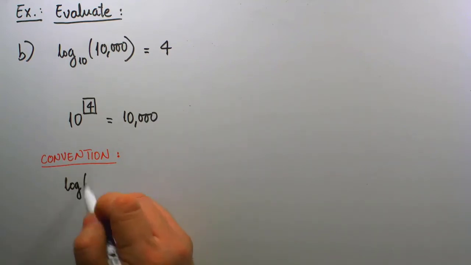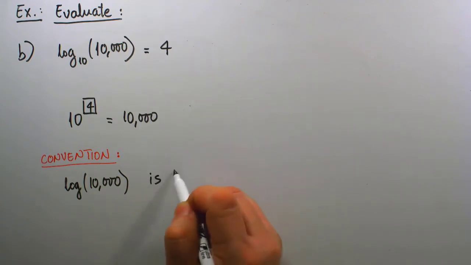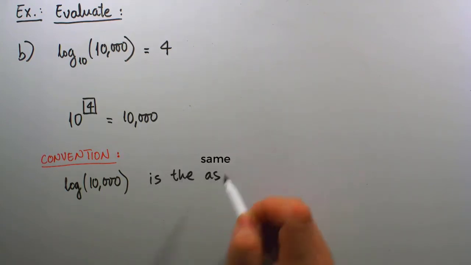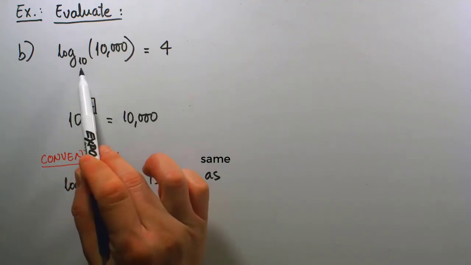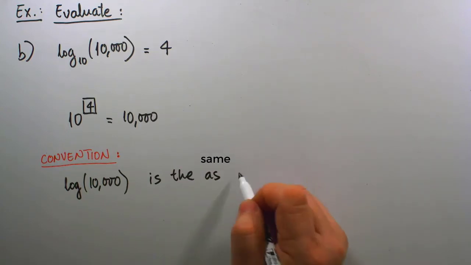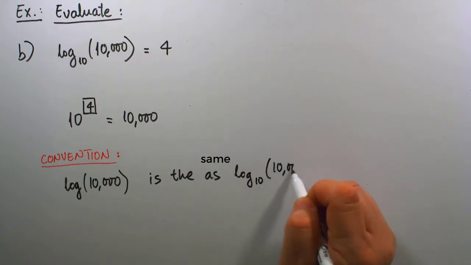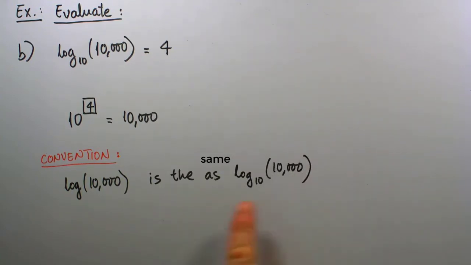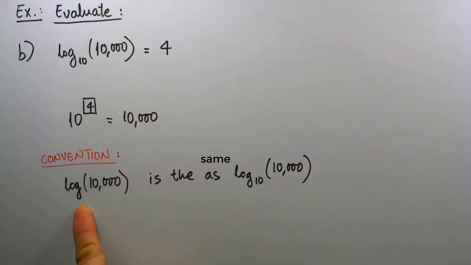So log of 10,000 is the same as log base 10 of 10,000. Instead of writing it that way, the entire world is using log. So anytime we skip the base, that's automatically understood as log base 10 of the number.